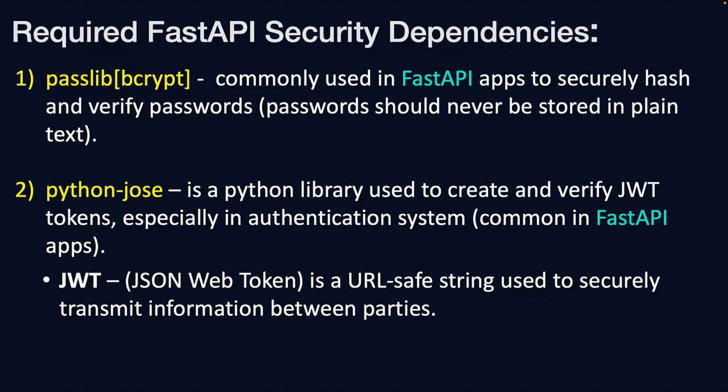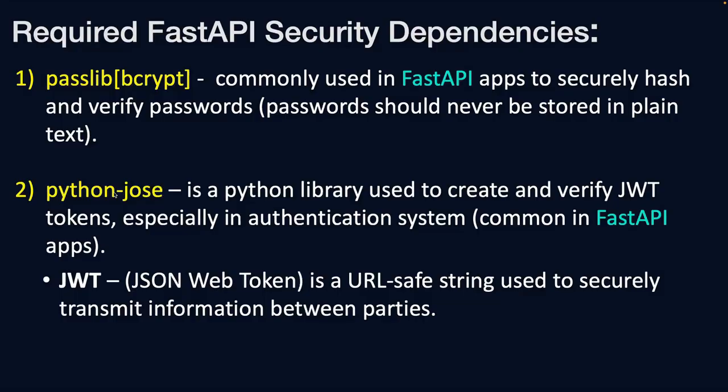The first one, Passlib with bcrypt. Passlib is commonly used in authentication systems, especially in FastAPI apps, and is used to securely hash and verify passwords. We never store passwords, not in plain text, not encrypted, not hidden. We store a one-way cryptographic hash.